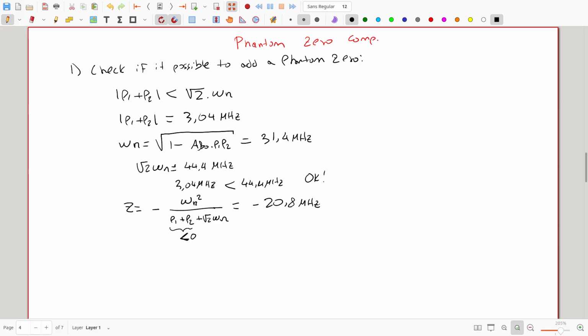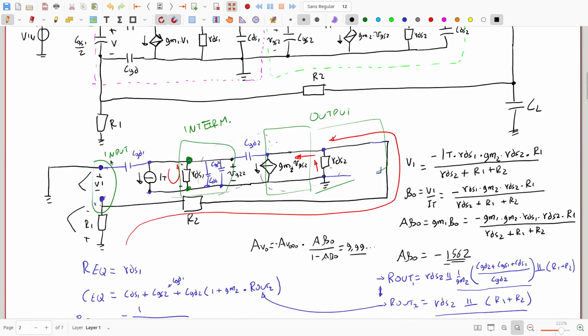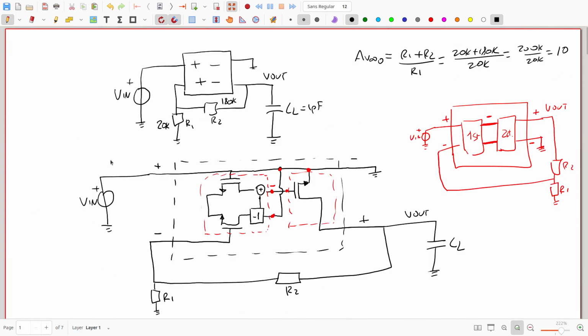And now I go back to my circuit here. When I want to put a phantom zero, the capacitor that I want to add will be here, C compensation. So this will be in parallel to R2. That will produce a pole in the asymptotic gain that will be converted into a phantom zero. So let's calculate the value of that capacitor.